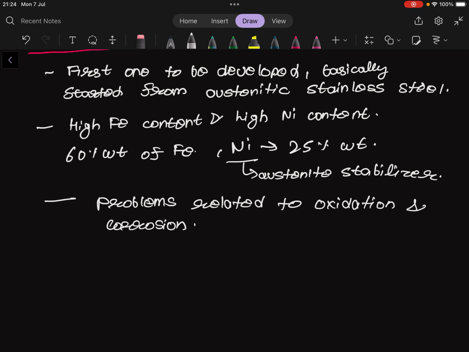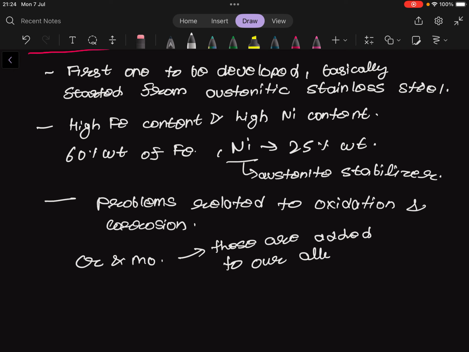Typically we have chromium and molybdenum. These are added to strengthen the alloy by solid solution.